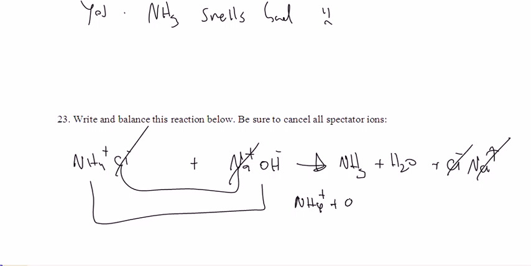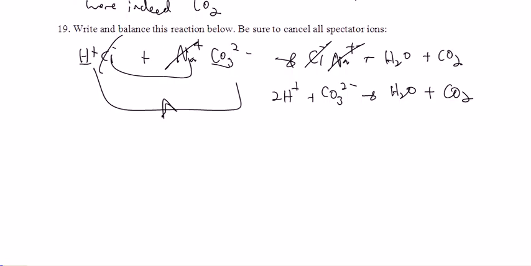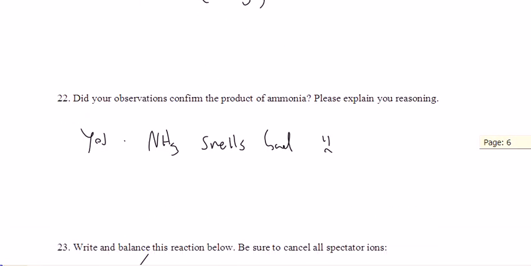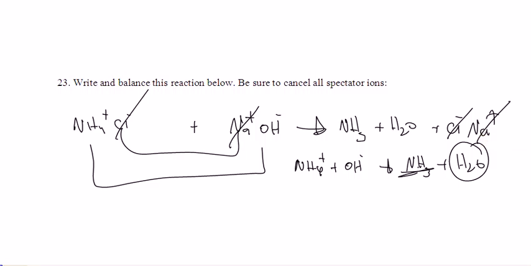NH4+ plus OH- goes to NH3 plus H2O. Notice this produced water and this produced water, but that's secondary. It was really the carbon dioxide that was the driving force there, and here it was really the ammonia.